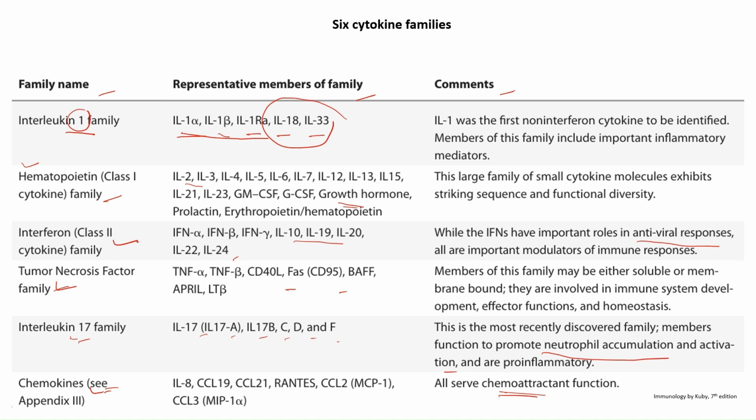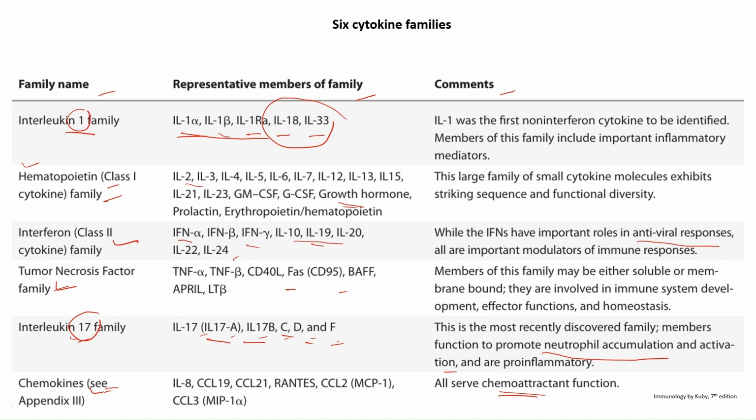For hematopoietin class 1, whatever interleukins you can remember, that is interleukin 2, 3, 4, 5, 6, 7, 12, 13, everything comes under this hematopoietin or class 1 cytokine family only. Interferon, again, is easy to remember because it is IFN alpha, beta, gamma, and a few interleukins. Similarly, for the interleukin 17 family you can see here 17A, 17B, C, D, F, all with the name 17. So this is easy to remember.